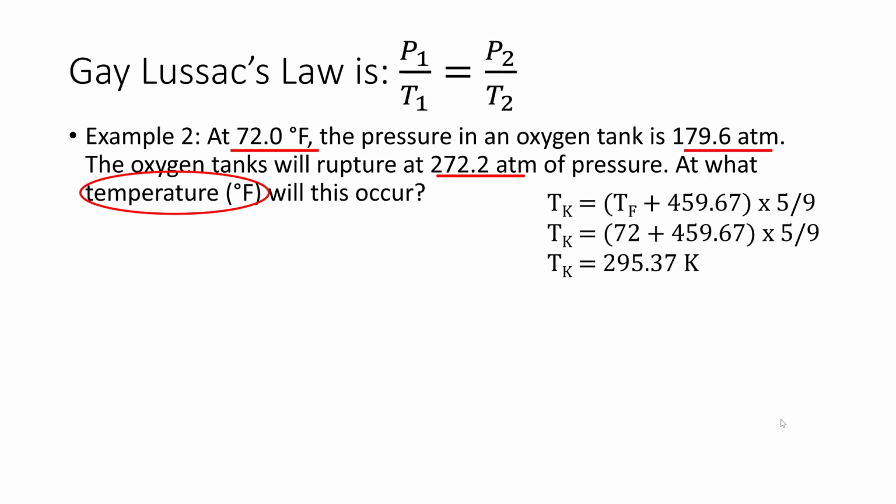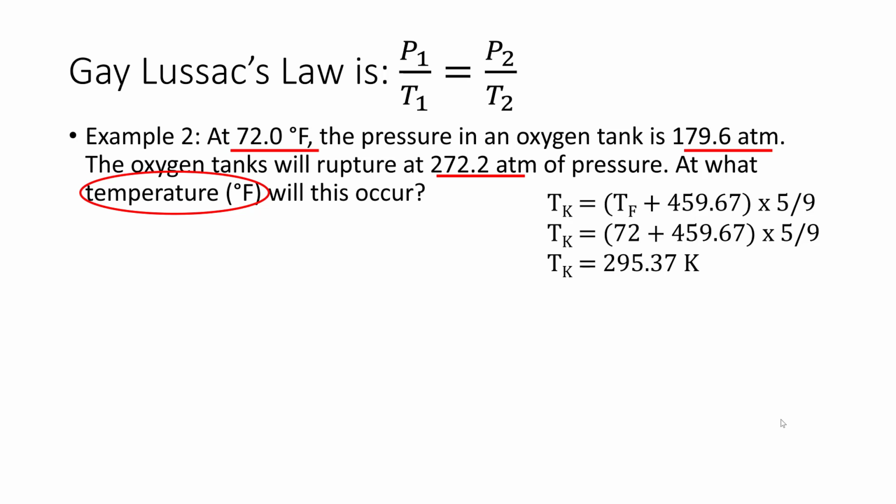So I went ahead and put all the work for that on the right of my screen here. So hopefully you remember how to convert between Fahrenheit and Kelvin. You use the formula that you have from your homework a couple nights ago. The Kelvin temperature equals, parentheses, Fahrenheit temperature plus 459.67, times 5/9.